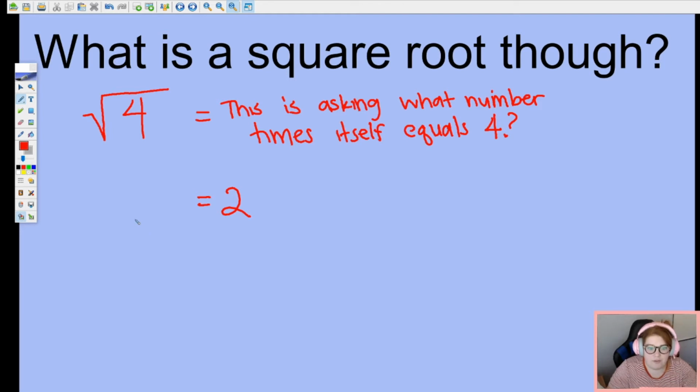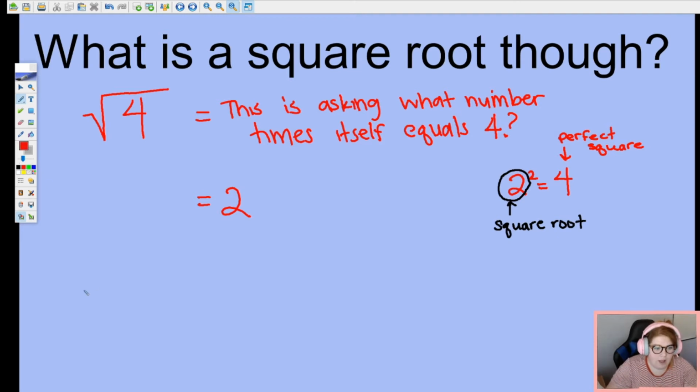Let's think about where I got this from. I know this because 2 squared equals 4. If this number is my perfect square, then this number right here is the square root. Okay. So if I were to ask you the square root of 16, you should be able to use that list from the other day and figure out that the answer is 4.